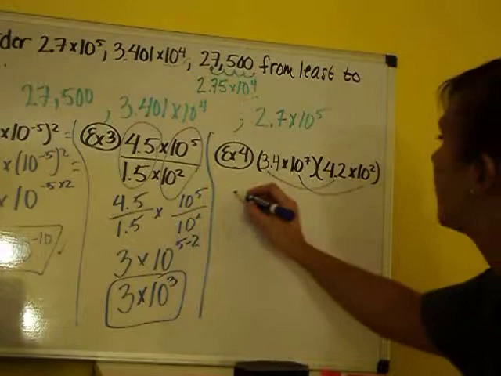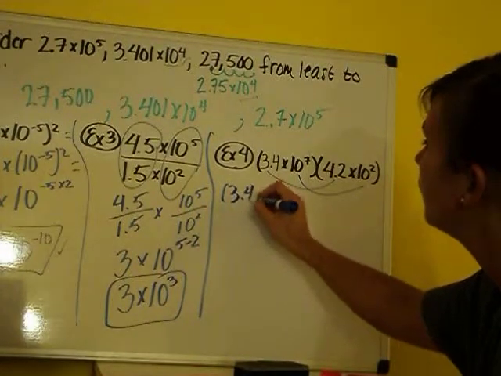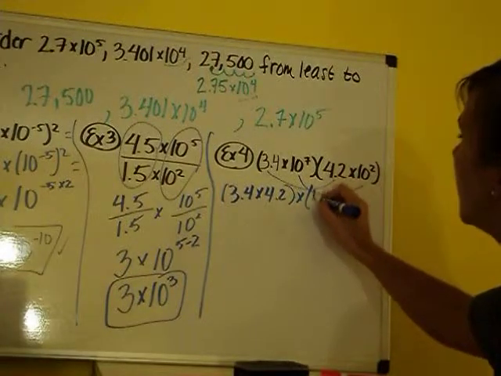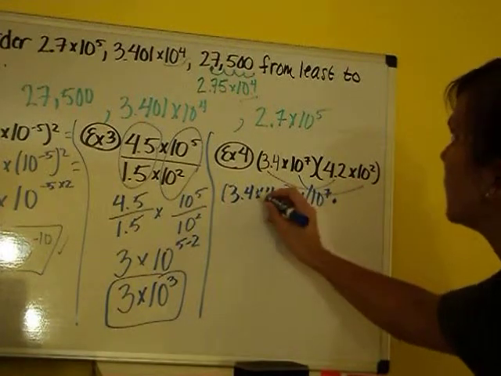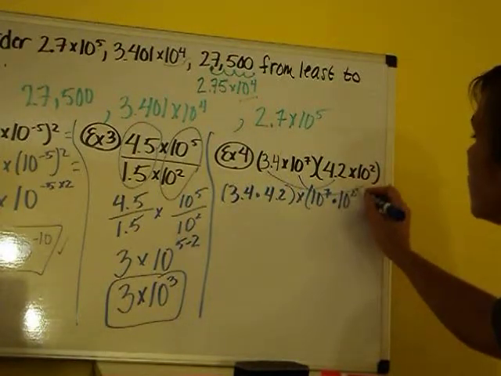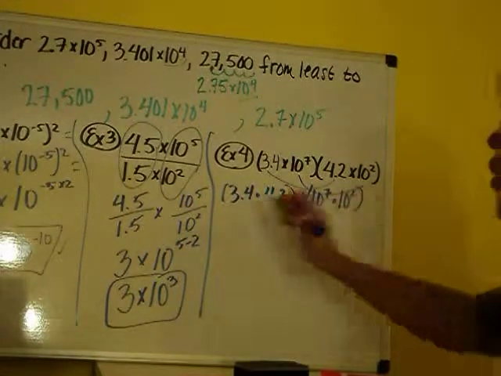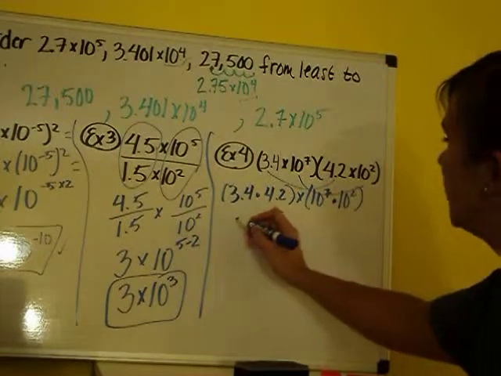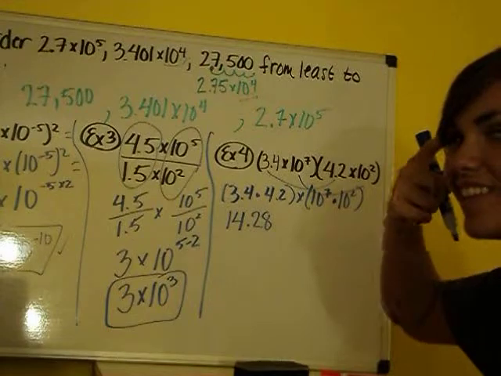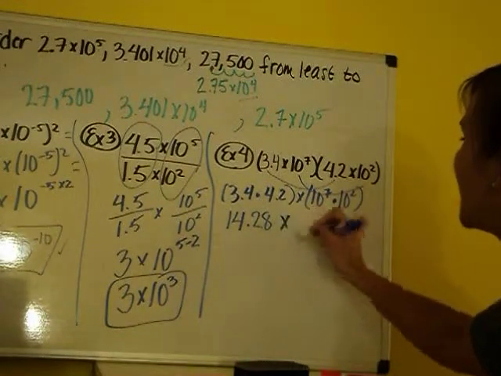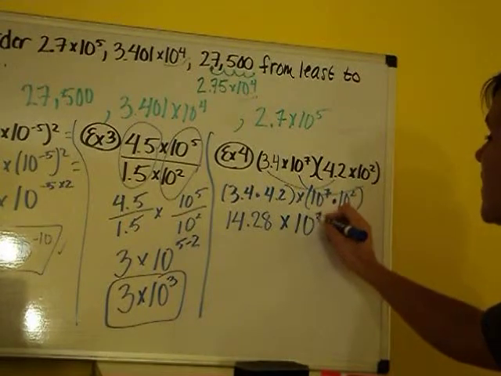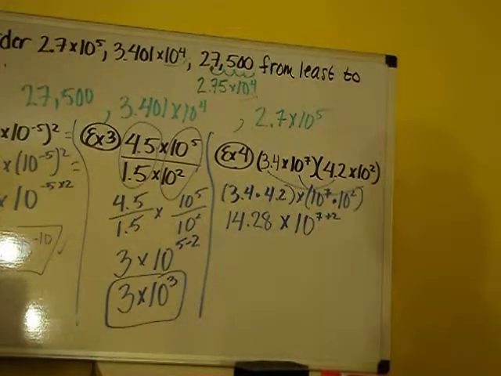So we are going to have 3.4 times 4.2 times 10 to the 7th, I should make this a dot so it's not confusing, times 10 squared. 3.4 times 4.2 is 14.28 times 10 to the 7th times 10 squared, which is going to be 10 to the 7 plus 2.